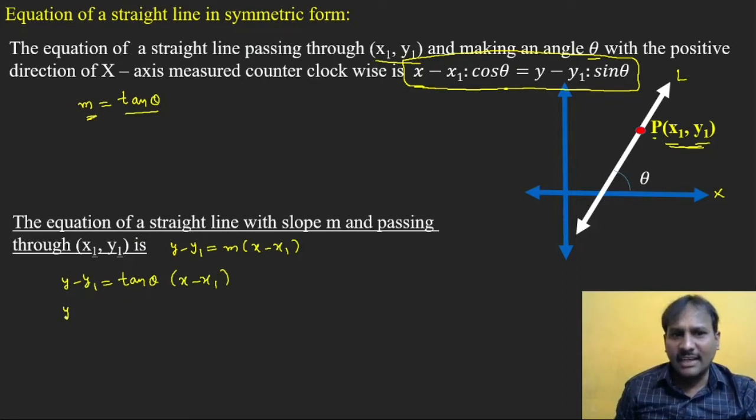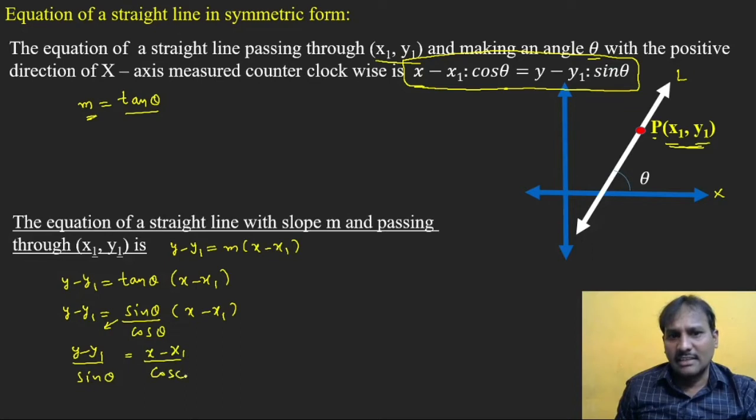Tan theta can be written as sin theta by cos theta, into (x minus x1). Let us send sin theta to the other side. You will have (y minus y1) by sin theta is equal to (x minus x1) by cos theta.